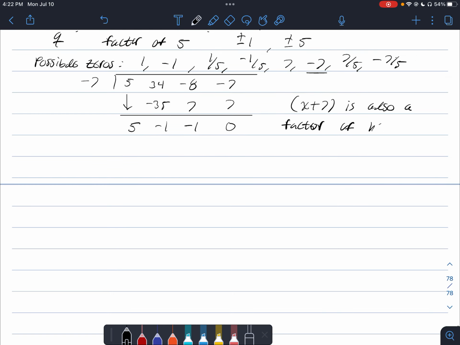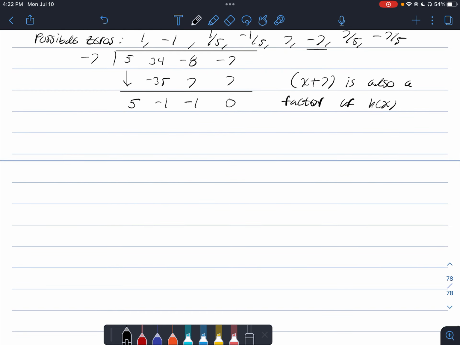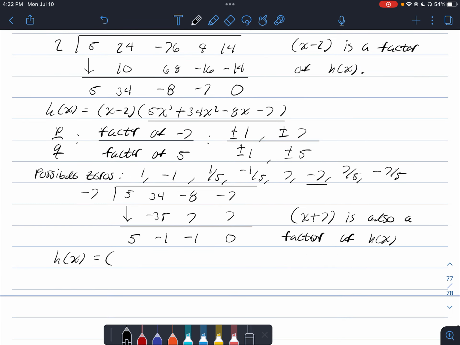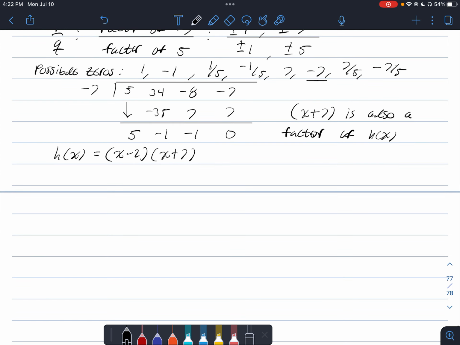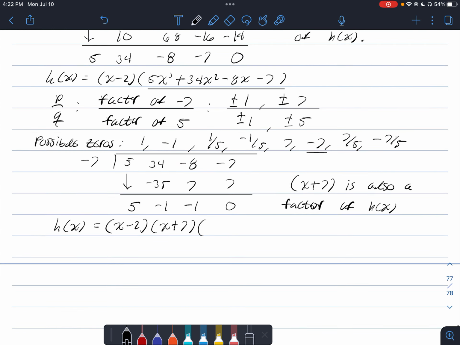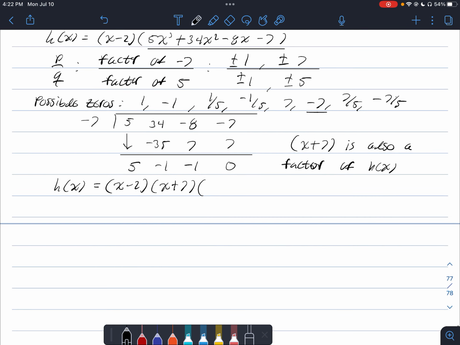of h of x. And therefore, h of x can be written as, we said, x minus 2 times x plus 7 times 5x squared minus x minus 1.